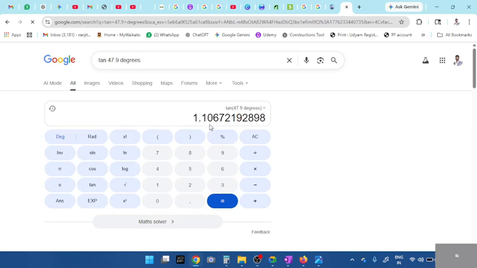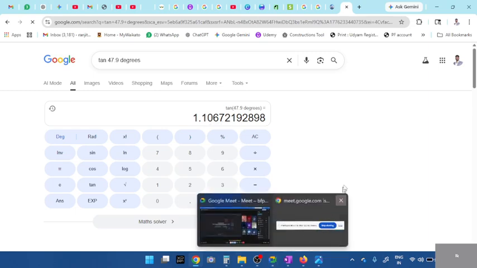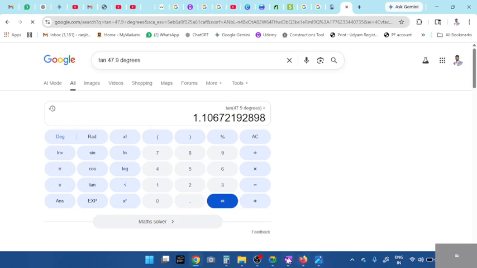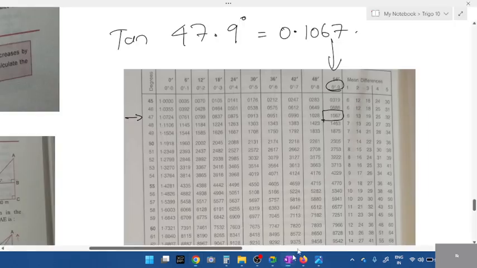What's the answer? 1.10672. Just a minute.